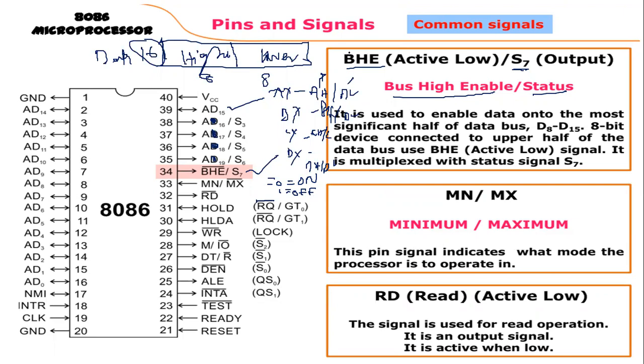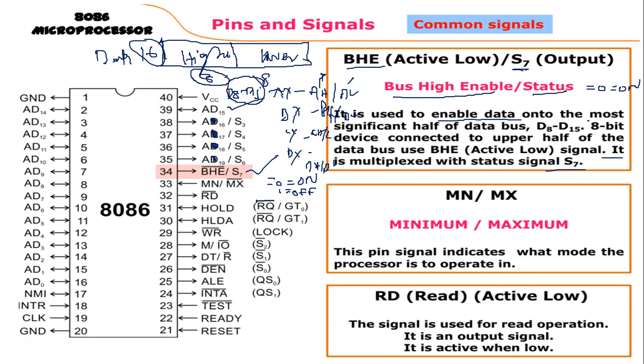So BHE bar equal to zero is on, it is enabled. At that time, out of the 16 bit data lines, only the higher order 8 bits, nothing but D8 to D15 lines, are worked. At another time it will work as S7.